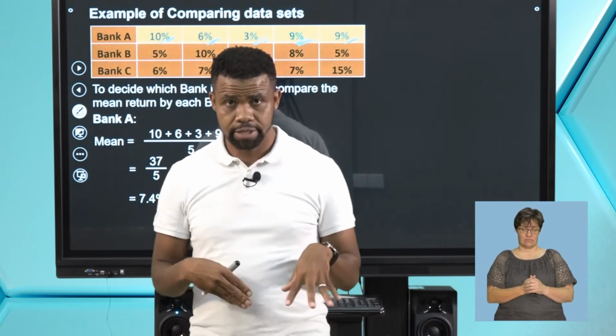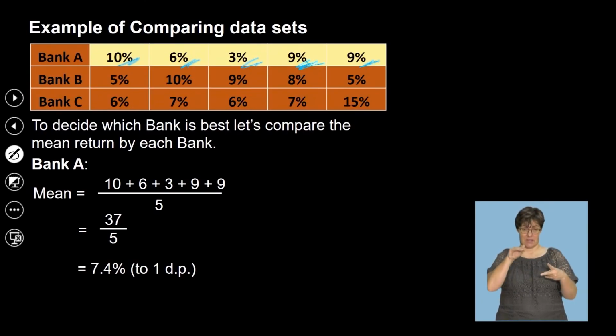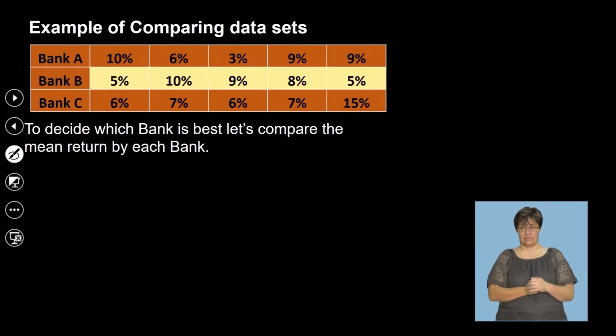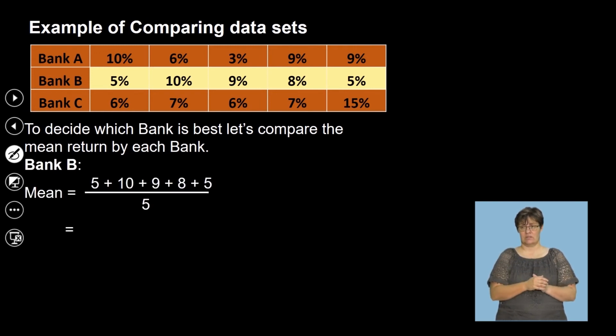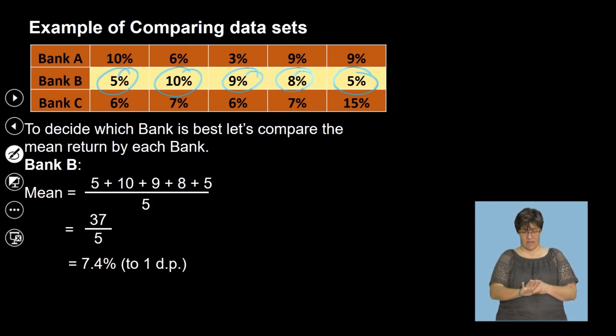Now let's look at the second bank. So Bank B, we calculate the average for the second bank, which is the mean. The mean will be 5 plus 10, 5, 10, 9, 8, and 5, and divided by 5, which is 37 over 5, which gave us 7.4.